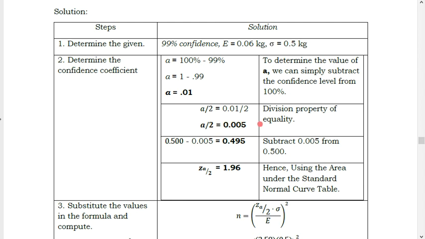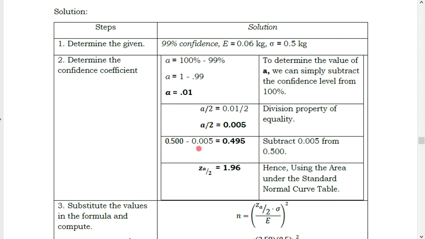Okay? So, after mo makuha yung isang tail end, ay kukuhanin mo naman yung half ng curve. Okay? Pero yung overall ay kailangan mo pa rin makuha dito. So, yung half ng curve is 0.5, i-minus natin yung nakuha natin sa dulo ng tail, which is 0.005.